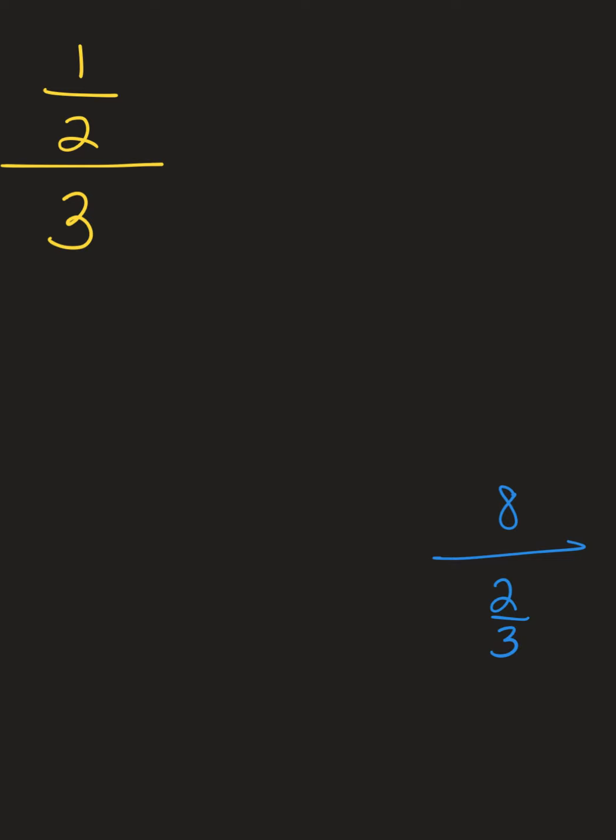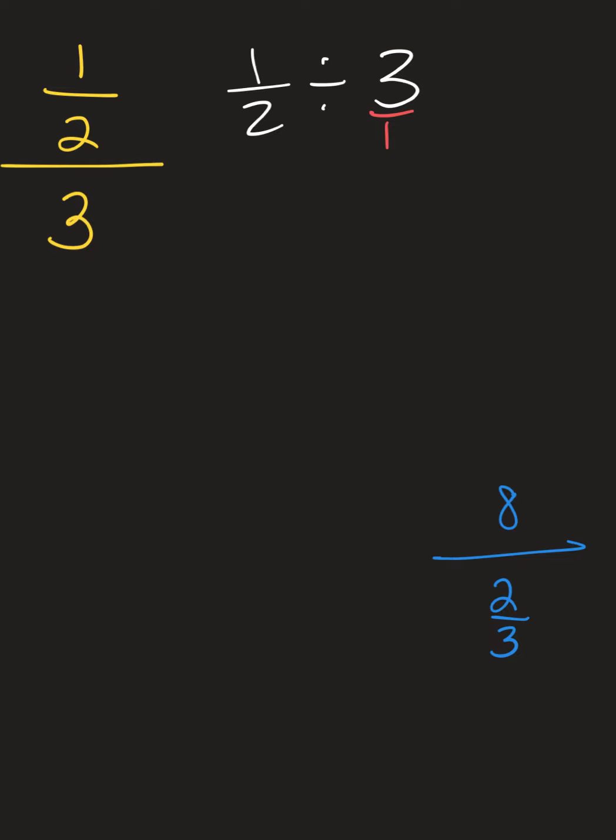So first of all, we have 1/2 divided by 3, or 1/2 over 3. We have this fraction divided by another number. And we'll see this with unit rates, which is why it comes in really handy, right? Now, to be able to flip this last one, I do want to make sure I have this in fraction form. So I'm just going to put that over 1.